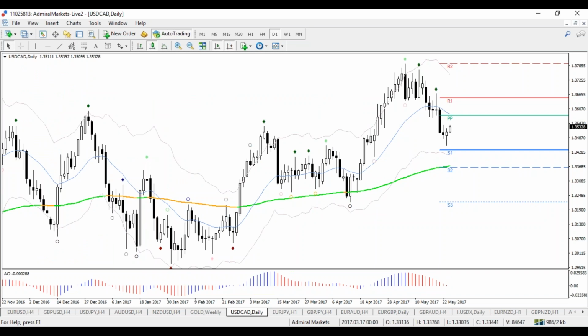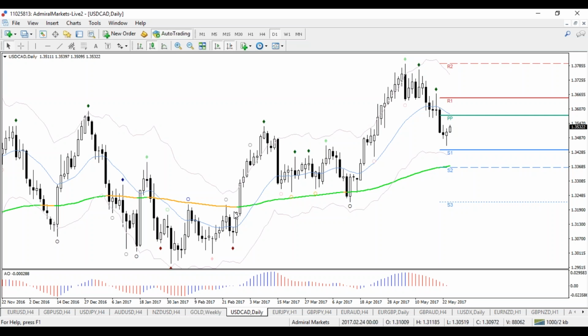All right. So circles indicate that it is hard support or resistance. Diamonds indicate it's weak support or resistance, in the sense that when fractals occur above the moving averages, they are most likely occurring within a trend.